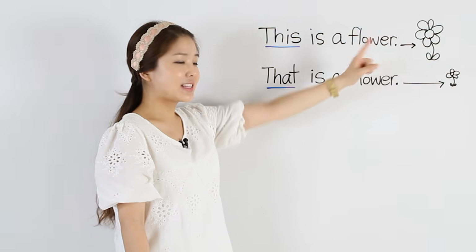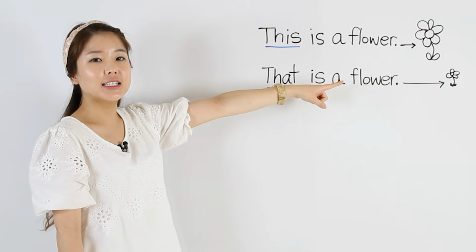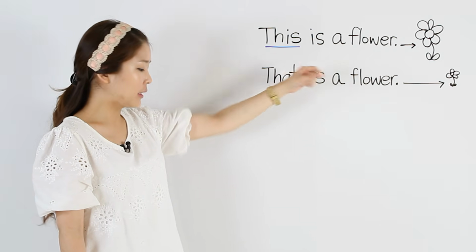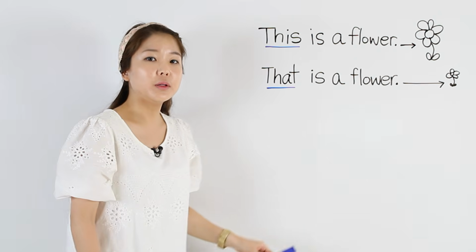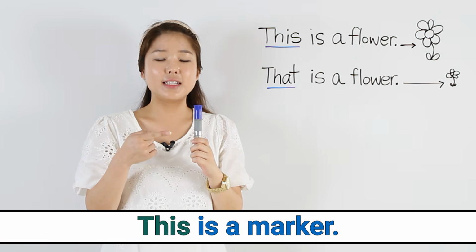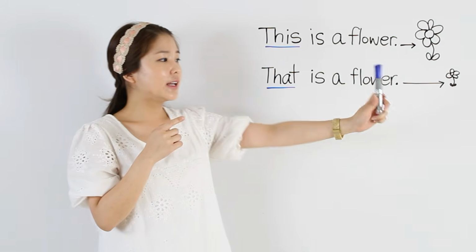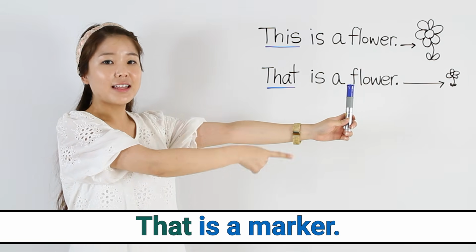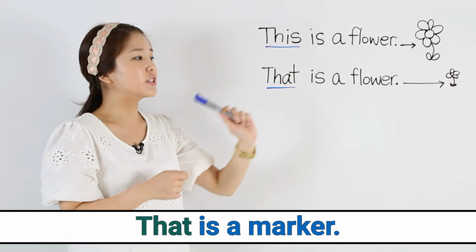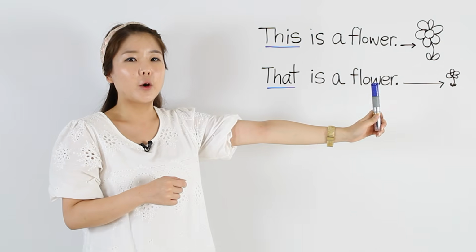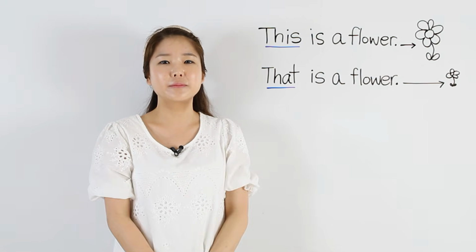So that is a flower. Okay, for another example, this is a marker. It's close to me. But that is a marker. It's far away. Okay, let's move on to the next part.